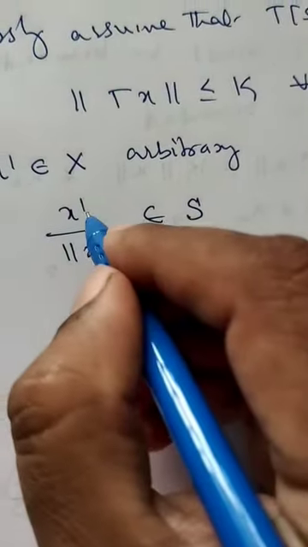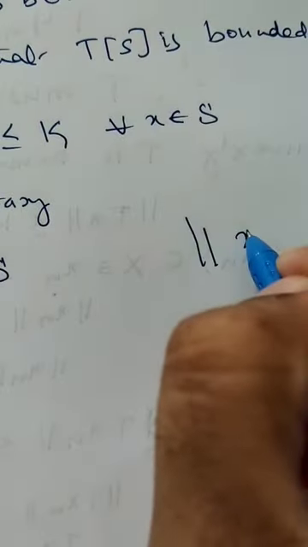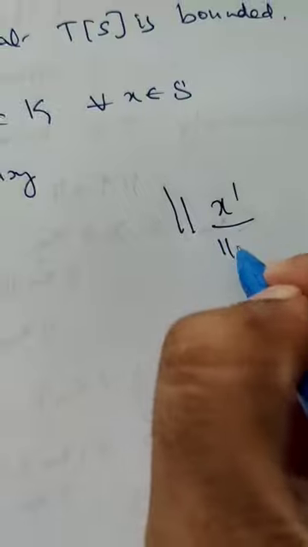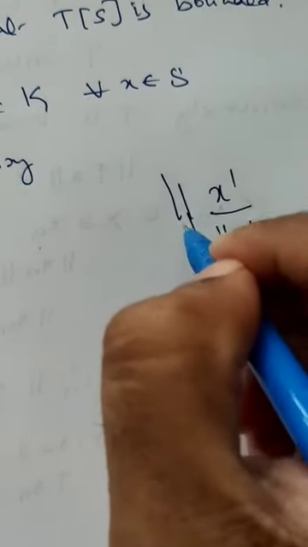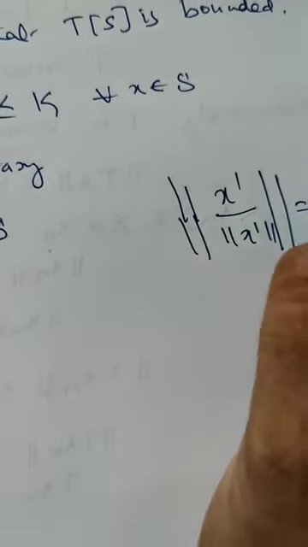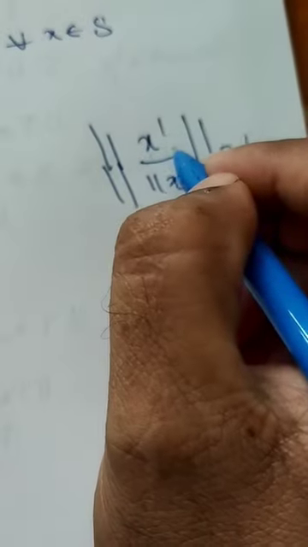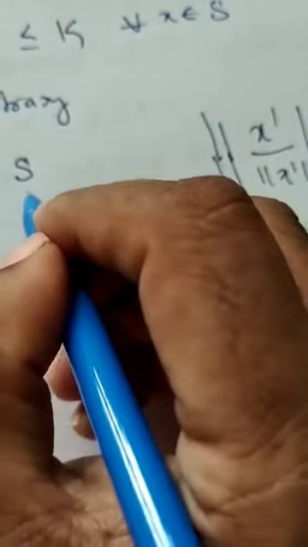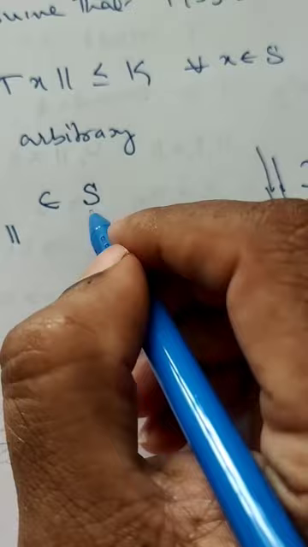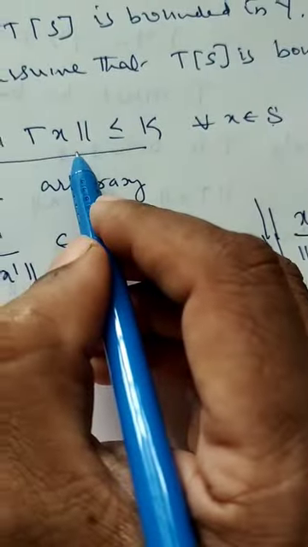Because the norm of x dash by norm of x dash is equal to 1. Any element whose norm is 1 belongs to S, and for every element in S we have this condition.